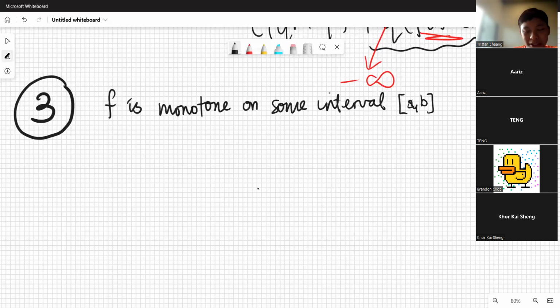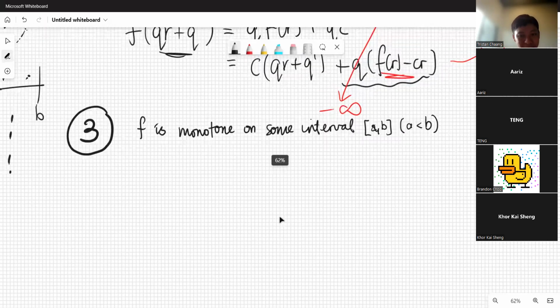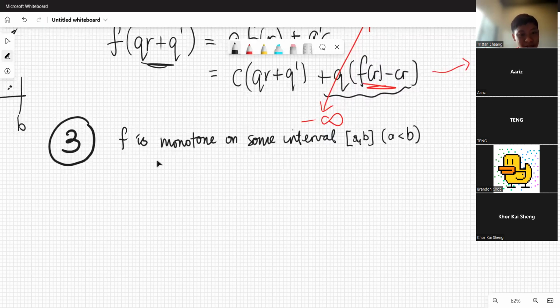And of course, we want the interval to be non-trivial again. So A is less than B. We don't want an interval where it's 1, 1, and then your interval just contains one number. So if F is monotone on some interval AB, so monotone means it's either increasing or decreasing.